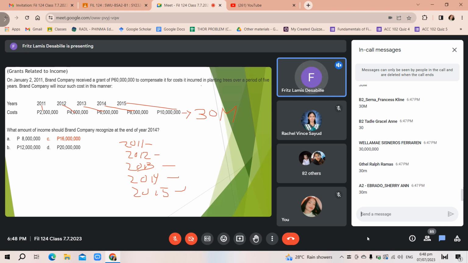Now, on year 1, naka-incur tag 2 million. So if naka-incur tag 2 million on year 1, out of the 30 million, pila ang percentage sa atong expense nga na-incur on year 1? Pila man?